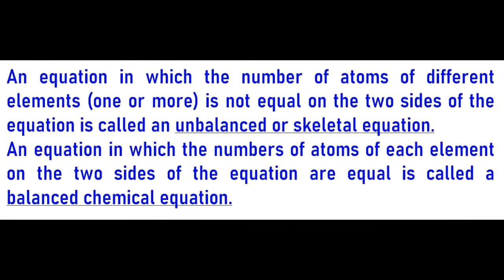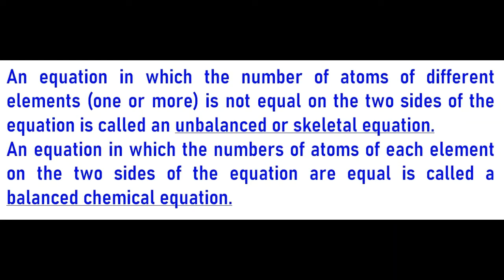An equation in which the number of atoms of different elements, one or more, is not equal on the two sides of the equation is called an unbalanced or skeletal equation.